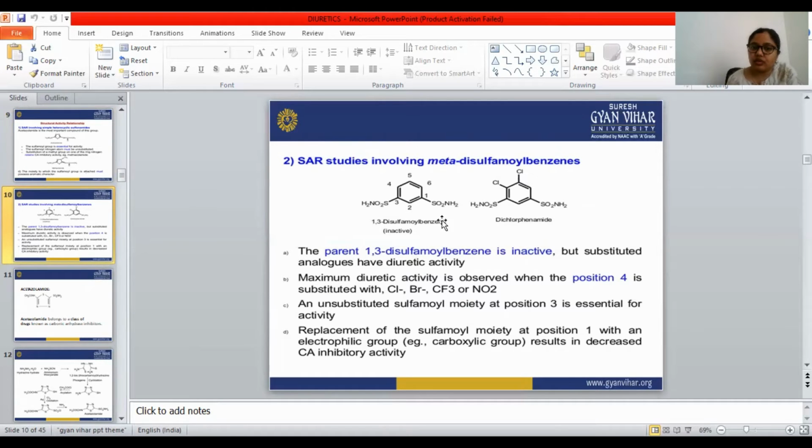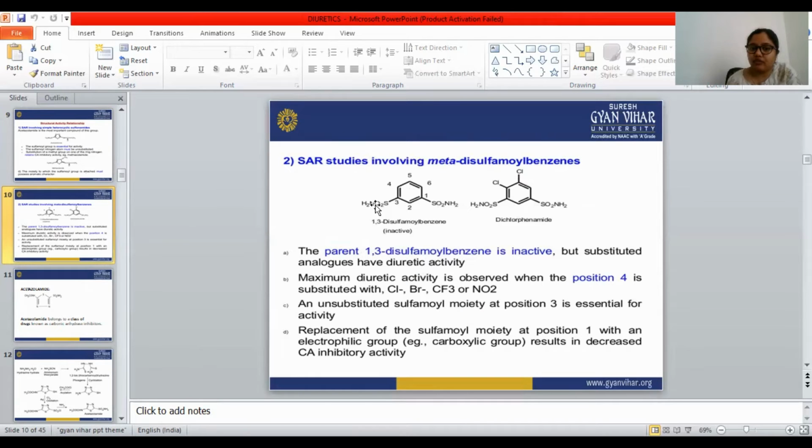In this category, the drugs have the benzene ring. So the parent 1,3-disulfonyl benzene is inactive.